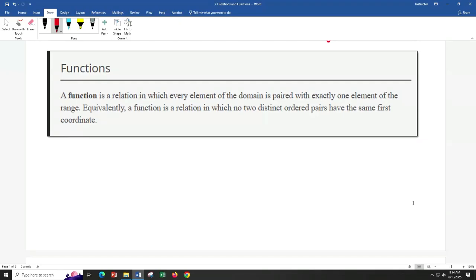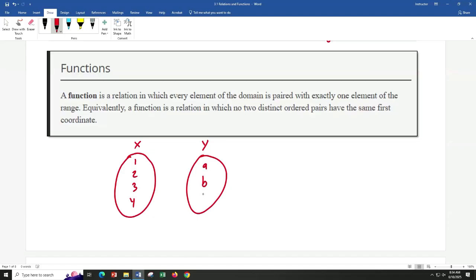So if I have a set here, a set of all my X values, and let's say I have 1, 2, 3, and 4. And then here I have Y values of, let's just say, A, B, and C. Notice I could make an ordered pair of 1, comma, A. That's fine, right?